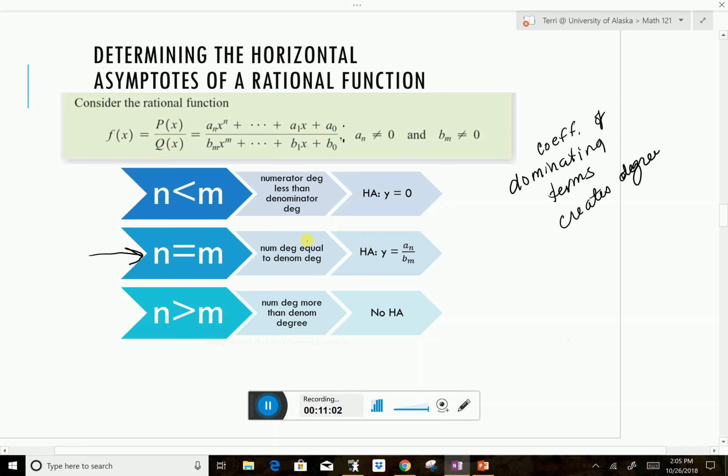If the numerator and denominator have the same degree, you have a situation like x over x, assuming x isn't 0, because as x gets really big or really small, it's not 0 anymore. This just becomes 1, or a ratio of the coefficients of the dominating terms.